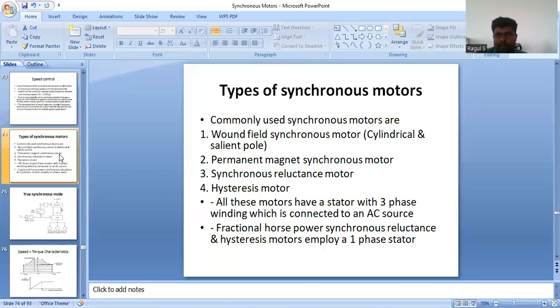All these kinds of synchronous motors have a stator with a three-phase winding connected to the AC source, so our converter design is to control the inverter output. In some cases, fractional horsepower synchronous reluctance and hysteresis motors employ a single-phase stator winding. That is a special case, but for major applications we prefer the three-phase winding.